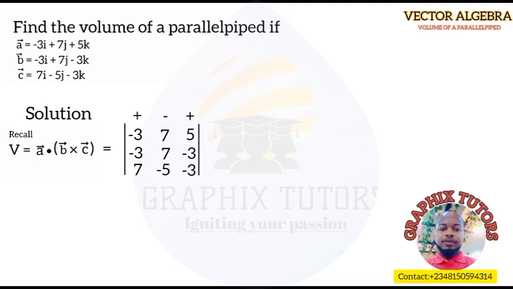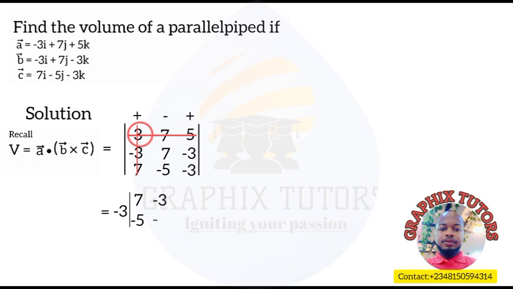You take the first row as constant, and you take the first column. Where are they meeting? They are meeting at minus 3. So I'll bring out the minus 3, and since I've crossed out the row and the column, I'll be left with 7, minus 3, minus 5, minus 3, right?